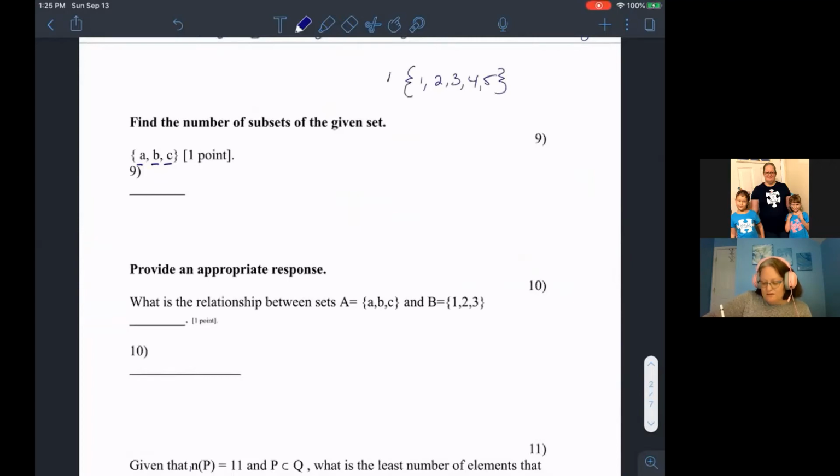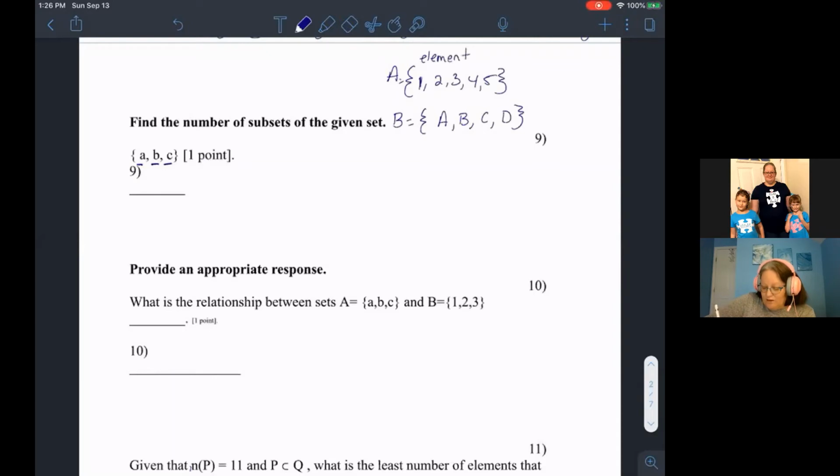That could be set A, or it could be set B, could be, let's see, A, B, C, D. Now each number or letter or whatever that you're grouping, each one of those is an element.